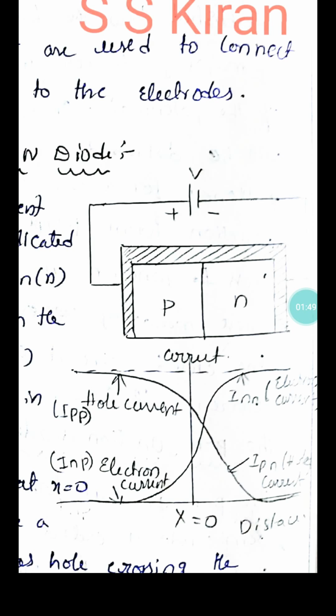First, simply draw this diagram. This is an important diagram to identify these currents: the hole current and electron current in the P side, and the electron current and hole current in the N side. These are the current components in a PN junction diode.